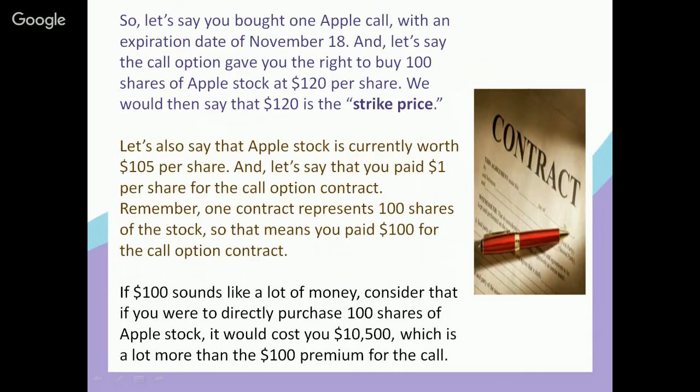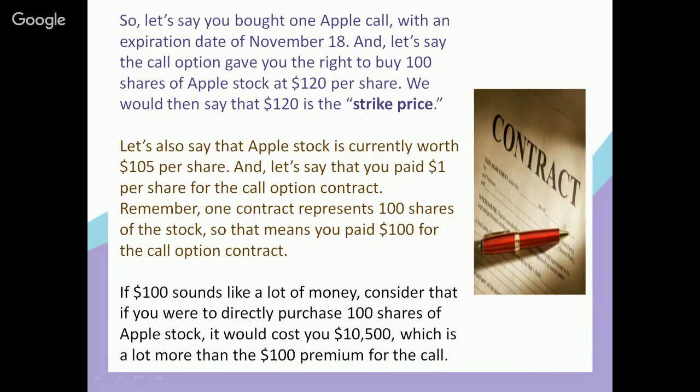Now, if $100 sounds like a lot of money, consider that if you were to directly purchase 100 shares of Apple stock, it would cost you $10,500. Because remember, right now we're pretending that it's available on the open market at $105 per share.